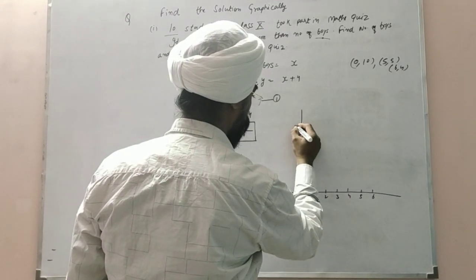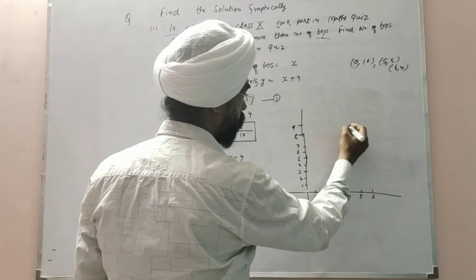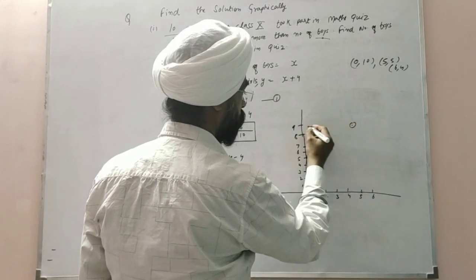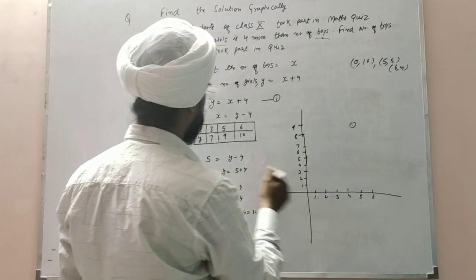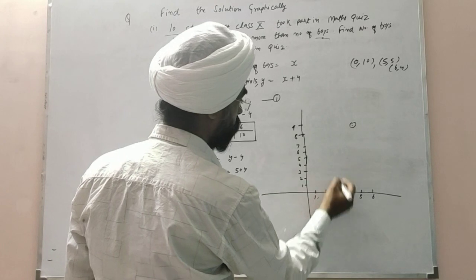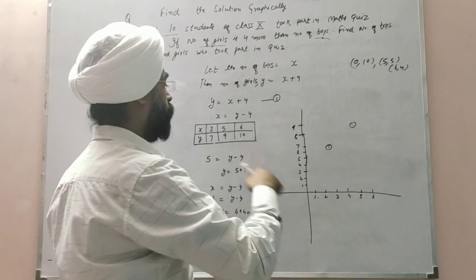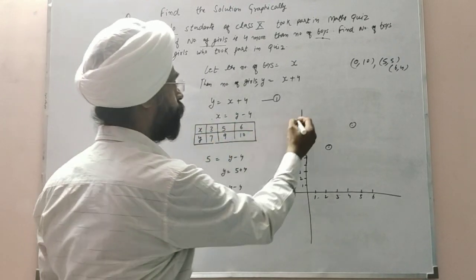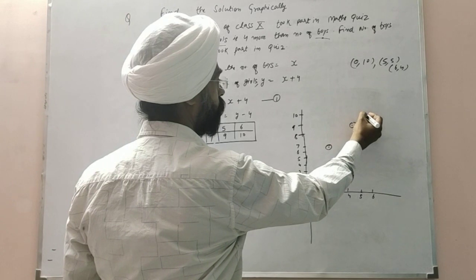x 5 and y 9 will give you this point as per this perpendicular. x 3 and y 7 is this point. This will be a straight line. x 6 and y 10 will give you this point.